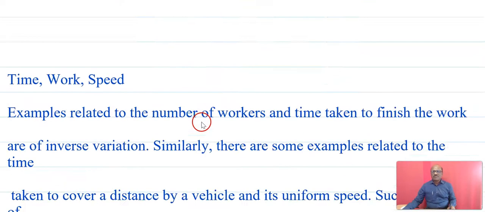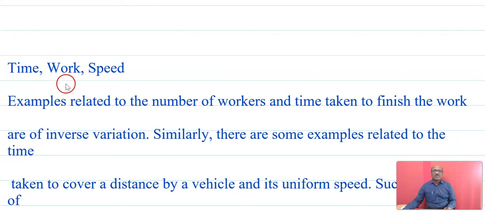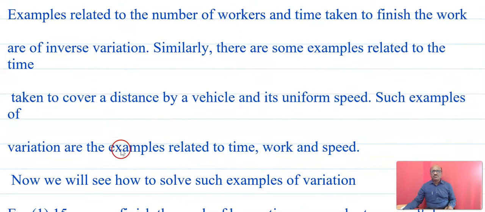Now the next type of examples is time, work and speed. Examples related to the number of workers and the time taken to finish the work are in inverse variation.